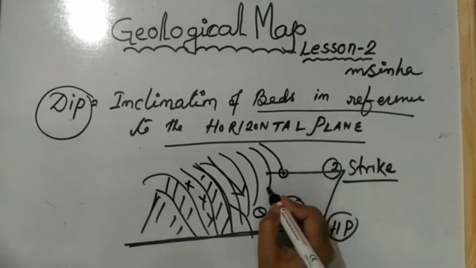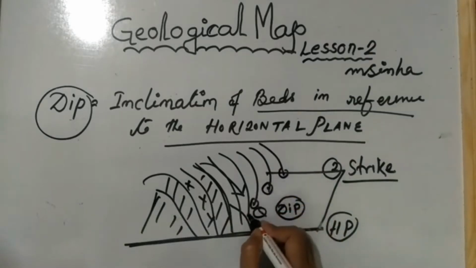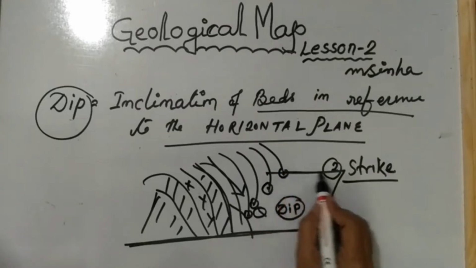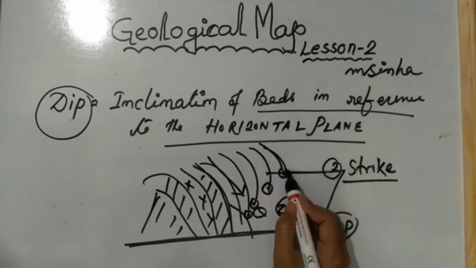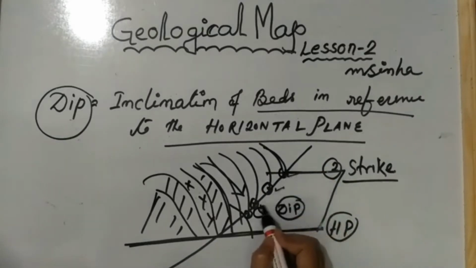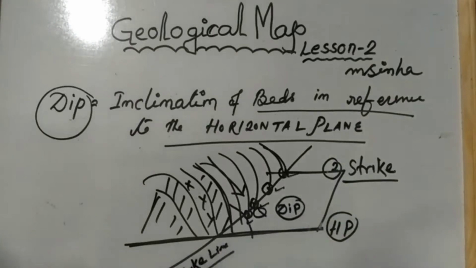Those are the intersecting points. Then you have to connect these points and you can easily get the strike line. So there is a relation between the strike and dip.